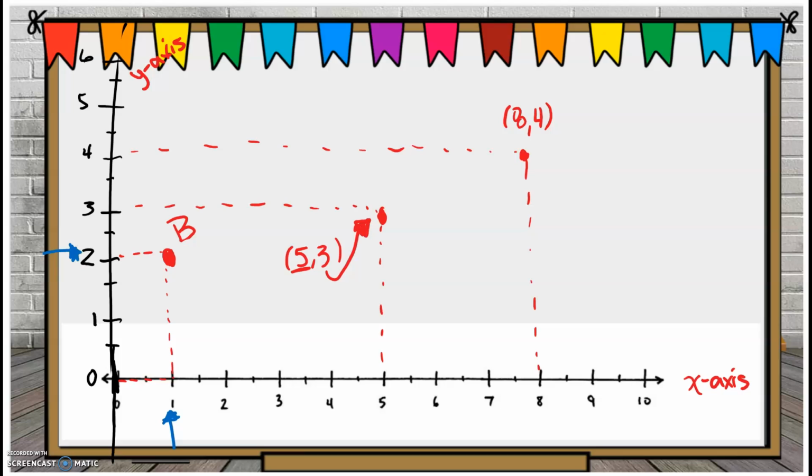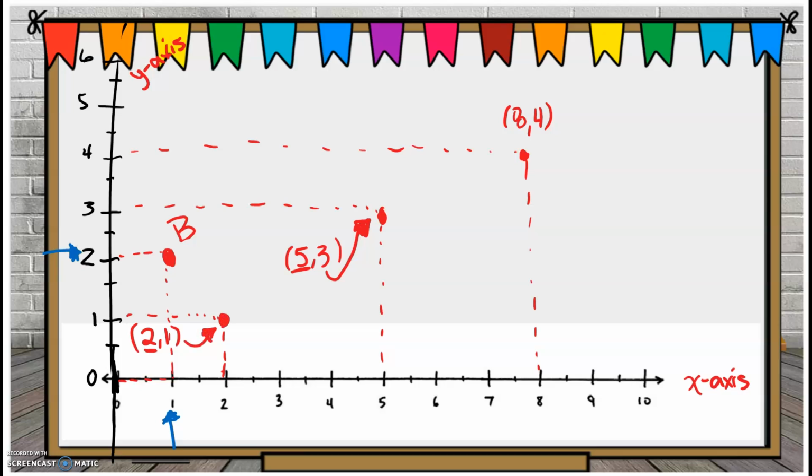What about the point 2, 1? If I found the point 2, 1, 2 is my x. I'm going to go across to the 2 and then go only up 1 unit.